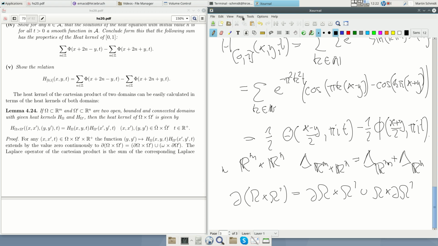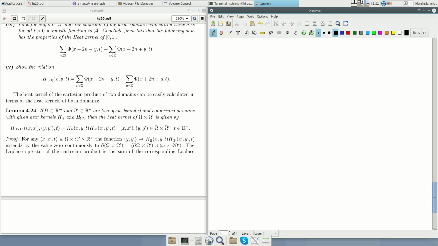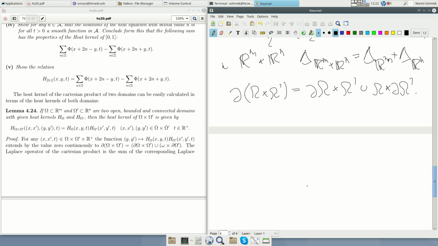Maybe I draw a picture to explain this. If we have an interval and an interval, then here this is omega and this is omega prime. This is here the boundary of omega.